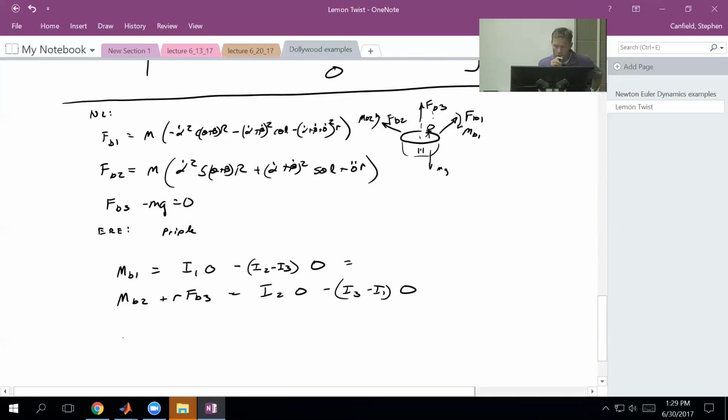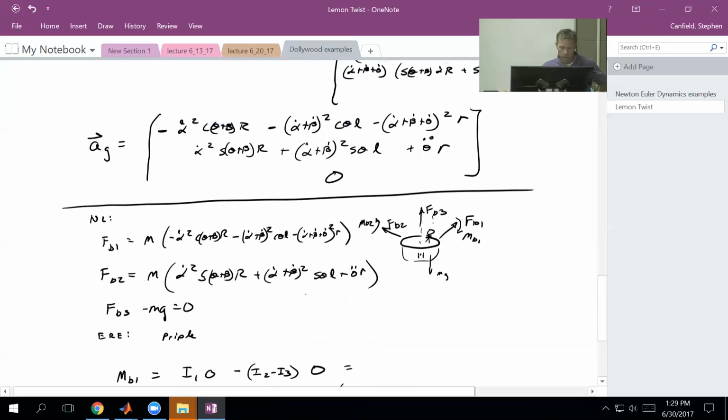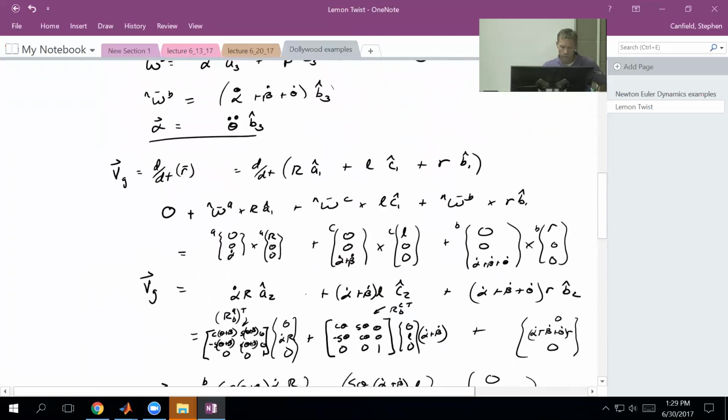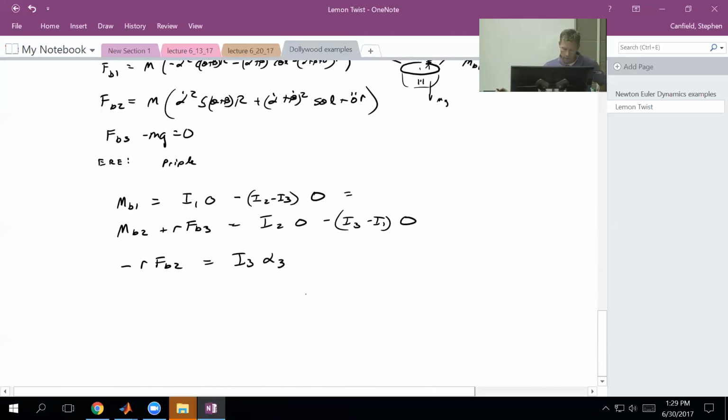Do we have a moment around the 3-axis? We do. We get an FB2 R that's negative. I'm doing these moments by inspection, caused by the prismatic force, is I3 alpha 3. So that's non-zero. Let's put in the value for alpha 3. That is theta double dot.